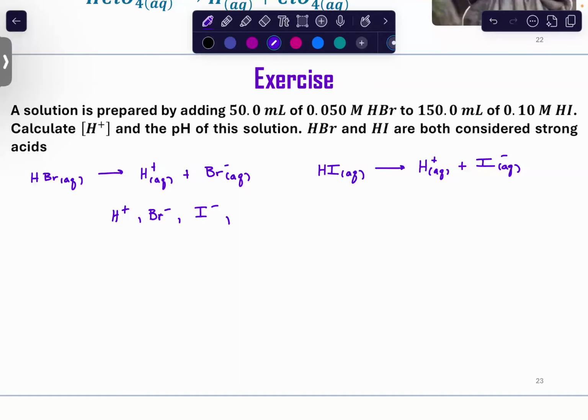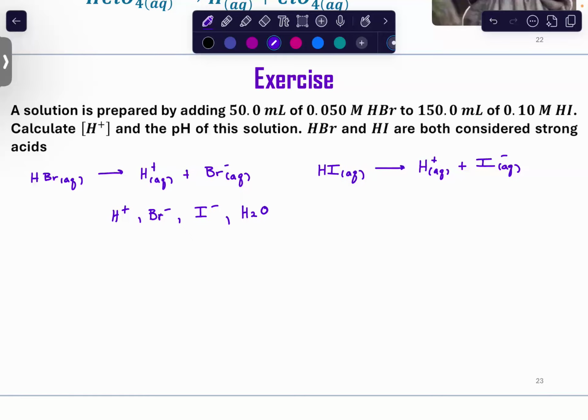What else is in these in large amounts? It's not the neutral molecules. Those are fully dissociated. Those are gone. What else is there? Yeah, water.